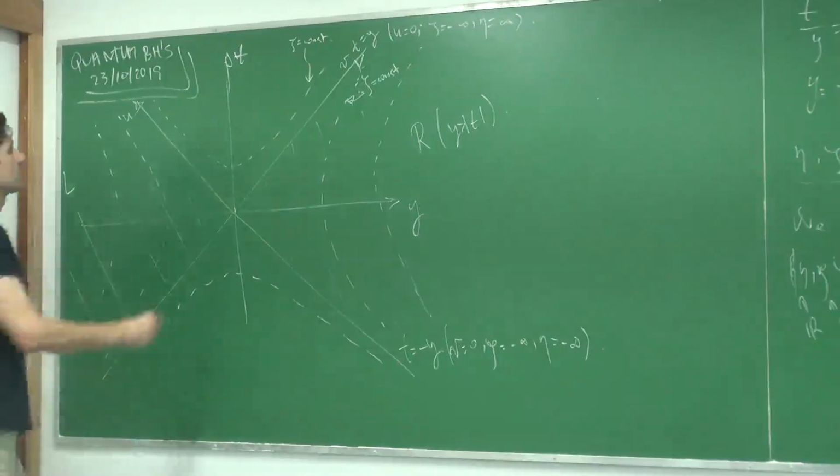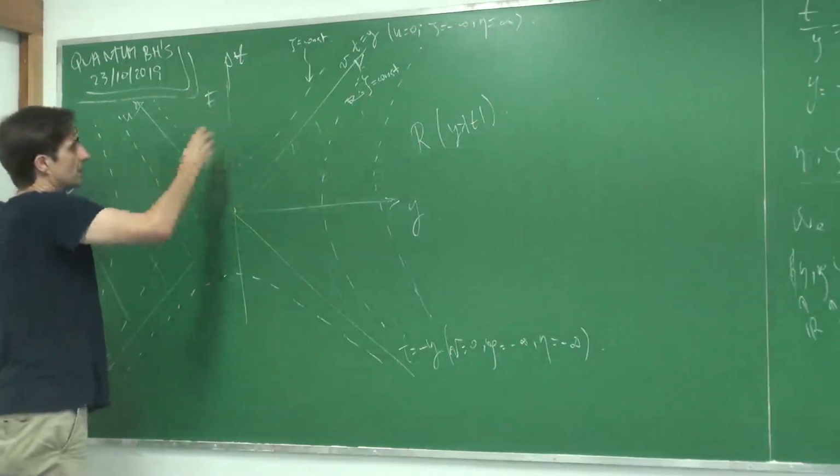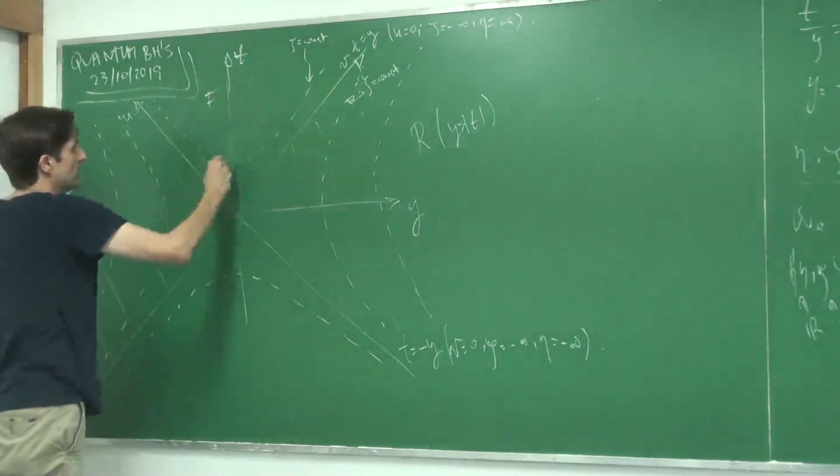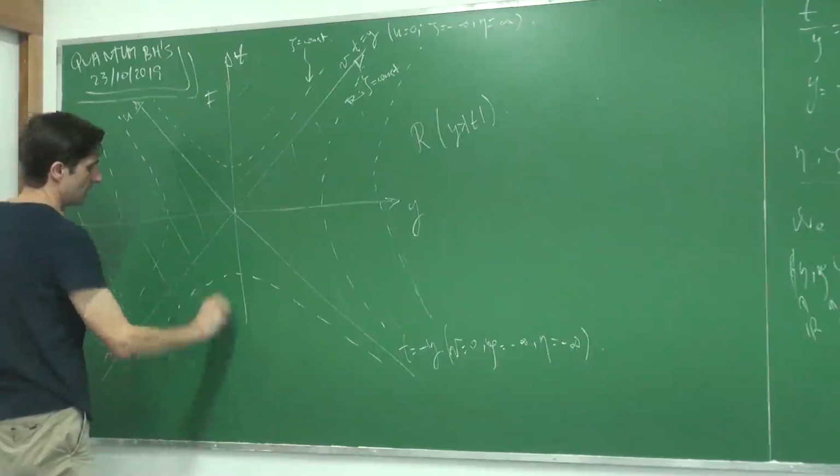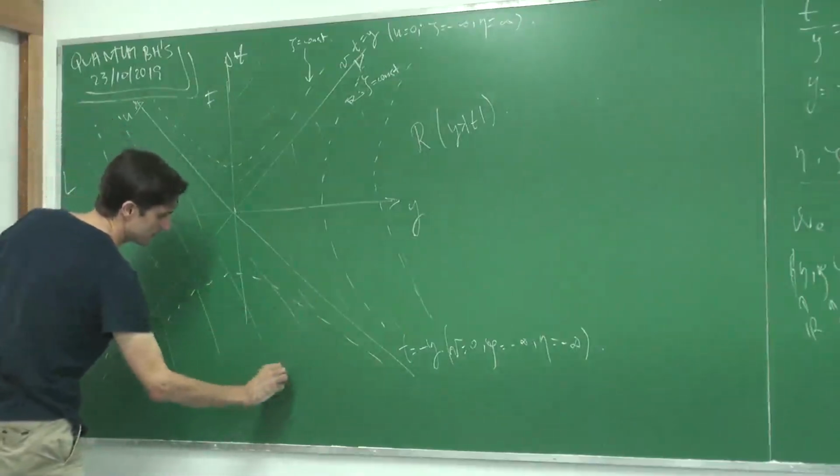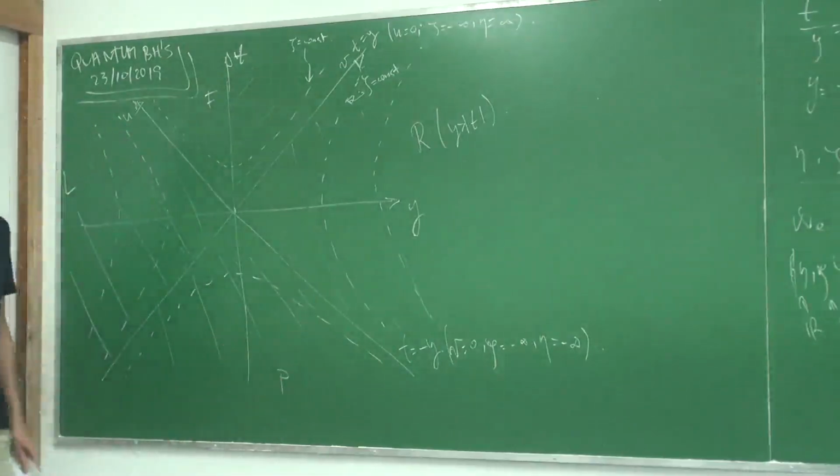So we call this the future. Okay, this region, this wedge here is called the future, and this one is called the past, for obvious reasons.